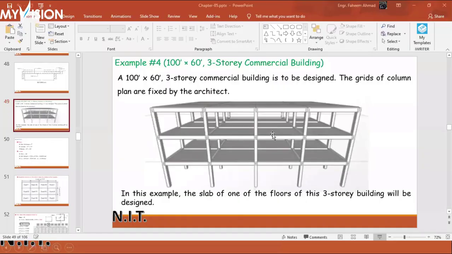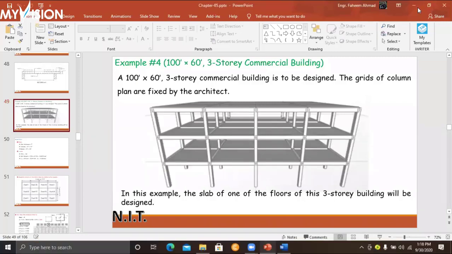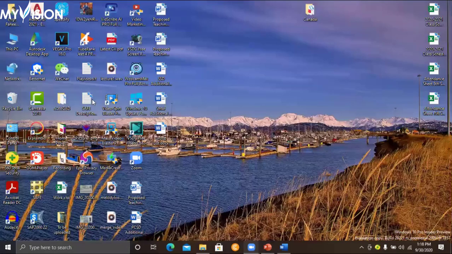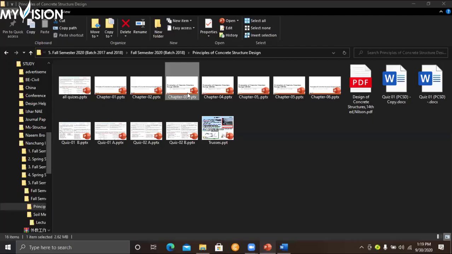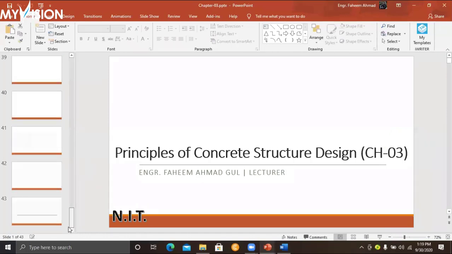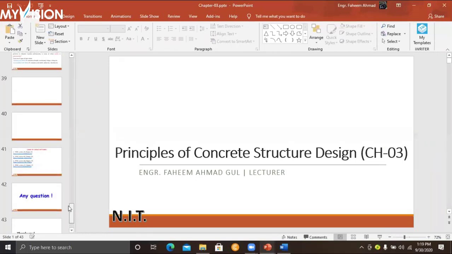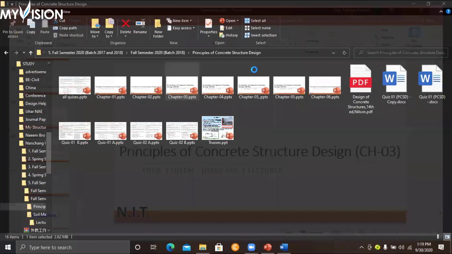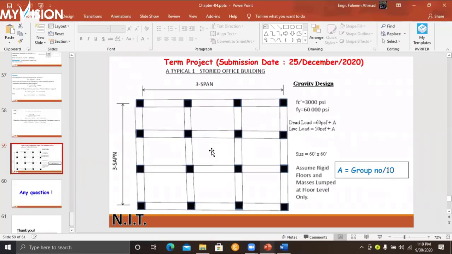If you don't remember, it is in chapter number 3, I guess. Oh, it is in chapter number 4, at the end of the chapter, over here.